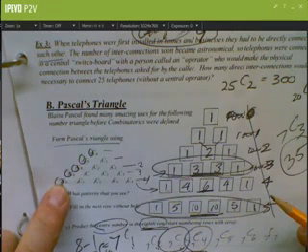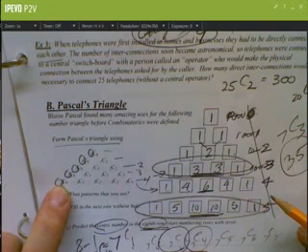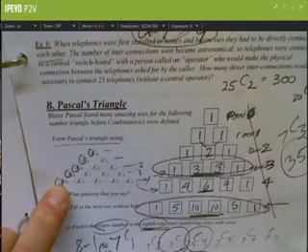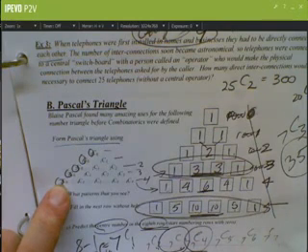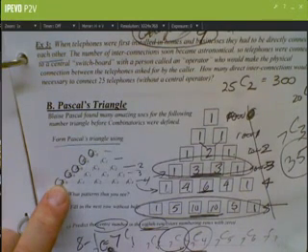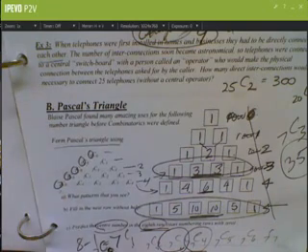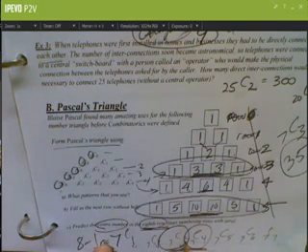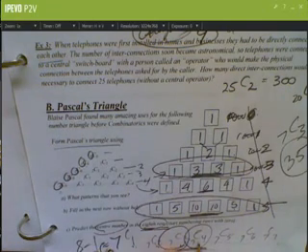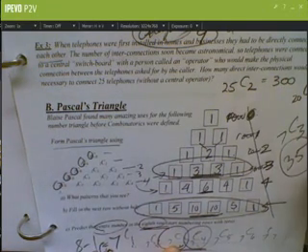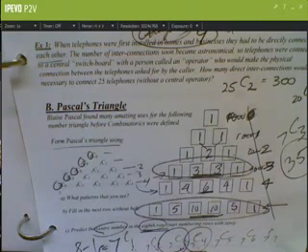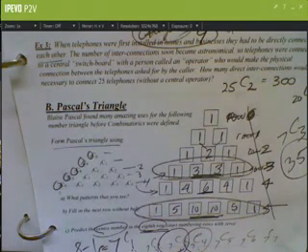Right? And in the 8th row, there would be 8 numbers in a row, which means the middle numbers would be 4 and 5. But you start counting the row at 0. So it's 0, 1, 2, 3. Now, because these two are equal, you could have said 7 choose 4. But the reason I'm choosing the 3 is because when the rows are odd numbers, you do have to back off by 1.